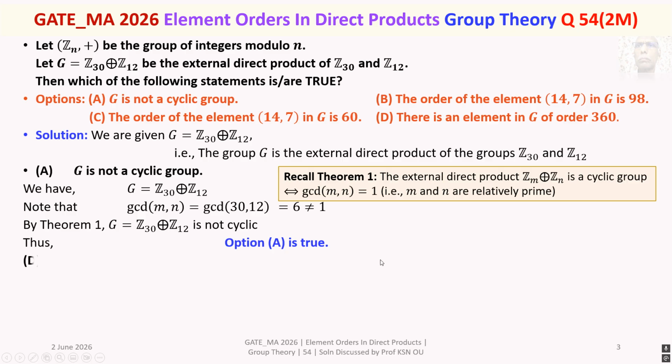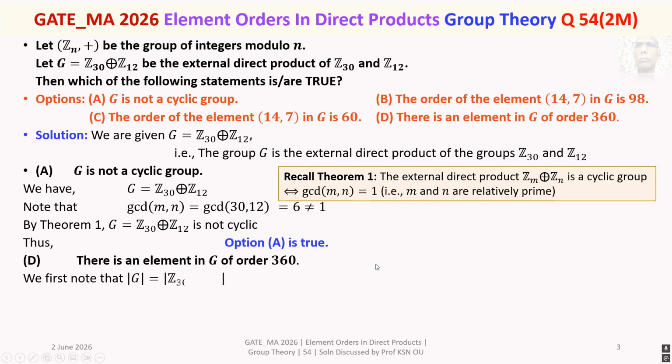We move on to option D. There is an element in G of order 360. First of all, note down that the order of G, the cardinality of G, is equal to the cardinality of Z30 plus circle Z12. It is 30 into 12. Yes, it is 360. Right.